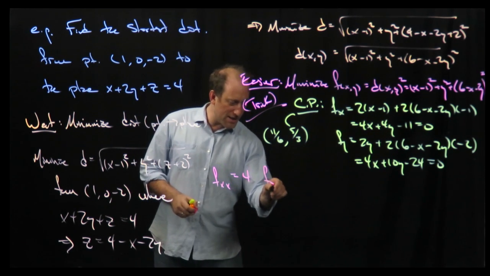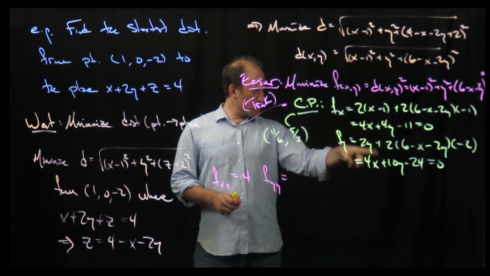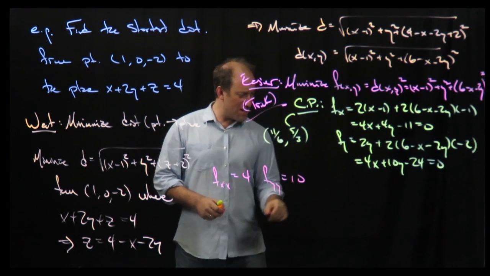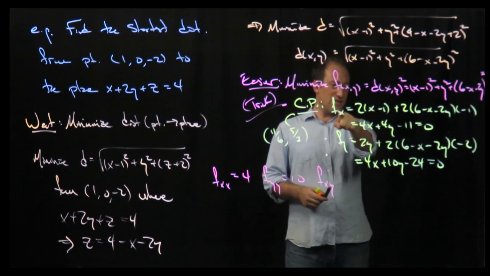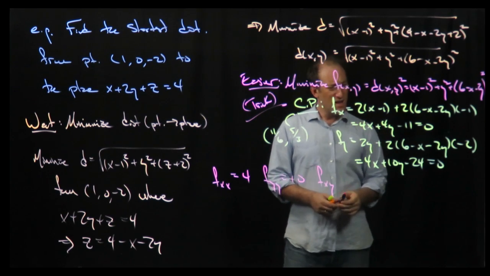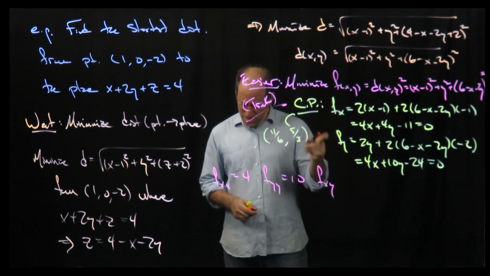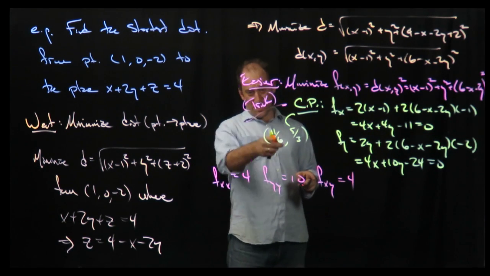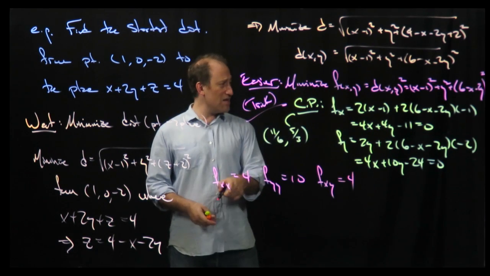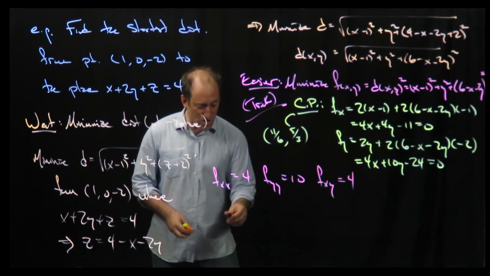Fyy, here with respect to y, gets me a 10. And fxy, I'll differentiate this guy with respect to y. I think that also gets me a 4. And these, by the way, are entirely independent of any x or y values.